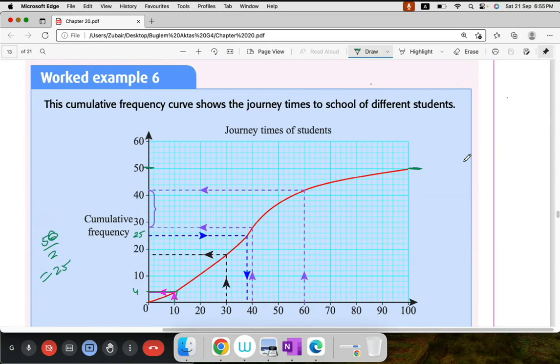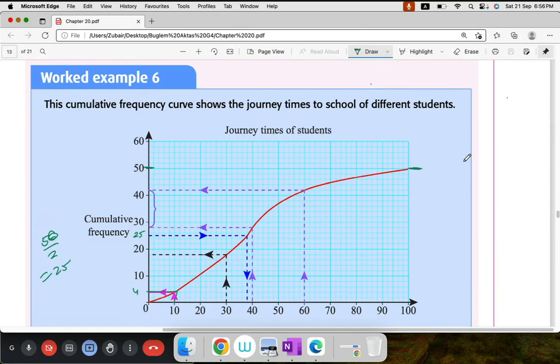See, between 40 and 60, we first read at 40.